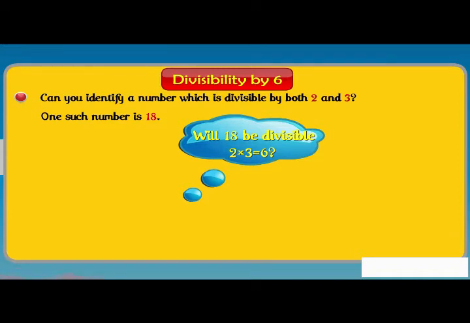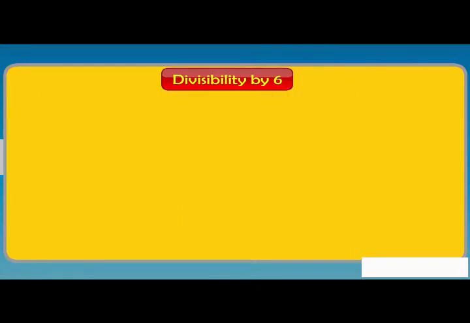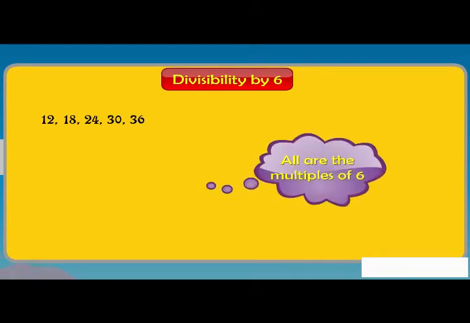Let us find some more numbers like 18 and check if they are divisible by 6 also. These are 12, 18, 24, 30, 36 and so on. Yes, they are all the multiples of 6, so they are divisible by 6.